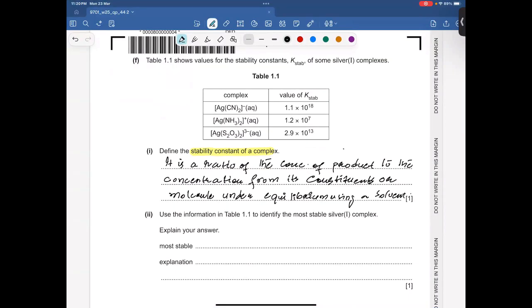So stability constant is basically the ratio of the concentration of product to the concentration of reactant from its constituent ions or molecules under equilibrium using a solvent.